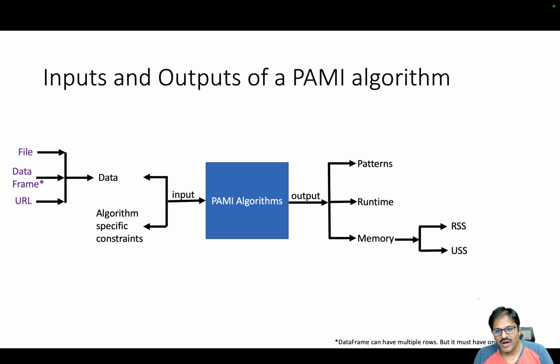If you provide the URL, our algorithm downloads the entire data and then executes the pattern mining algorithm on it. So you don't need to have the files locally on your machine. If they are stored remotely, you can also access them.